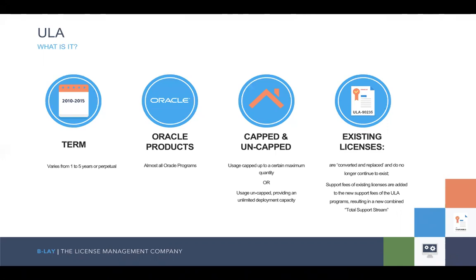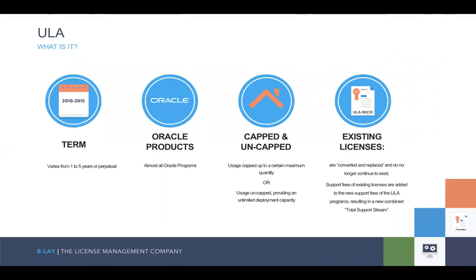Now, all the existing licenses that you bought are actually converted and replaced into the ULA, which means that the support fees that you're paying for the licenses for those products that are part of the ULA are actually terminated, and the support maintenance fees that you contracted to pay to Oracle for those licenses are actually converted and rolled into the so-called total support stream.